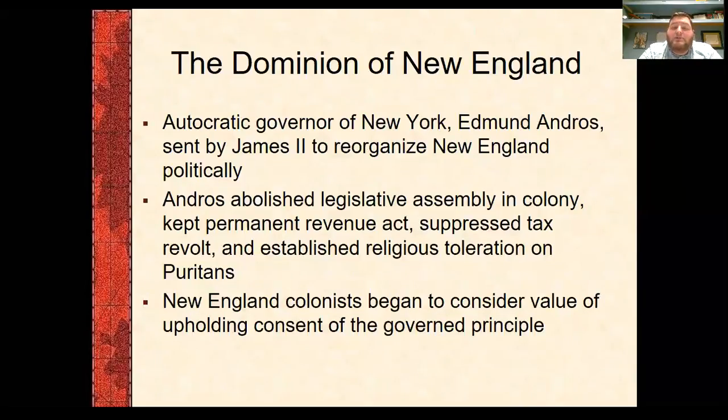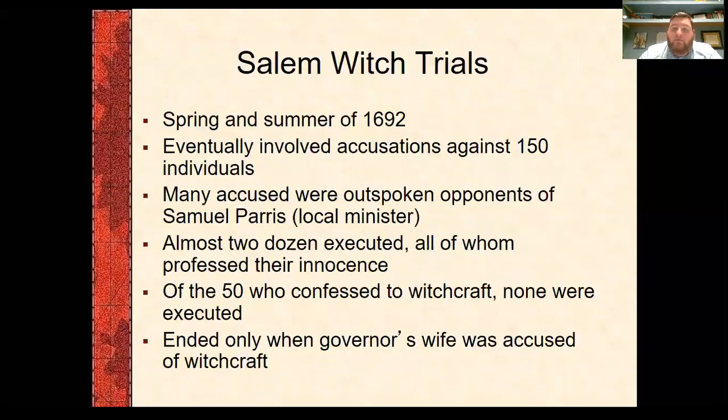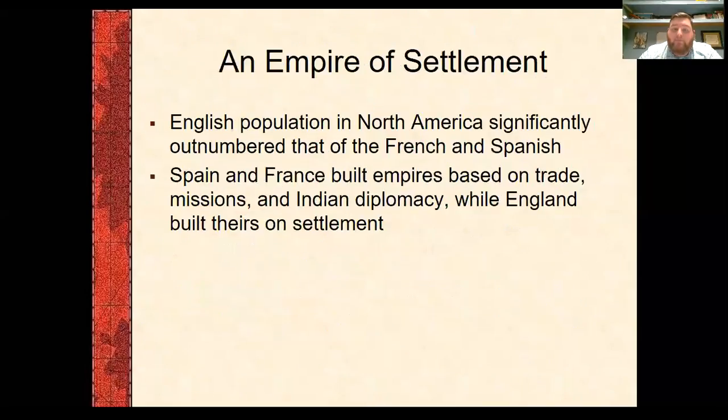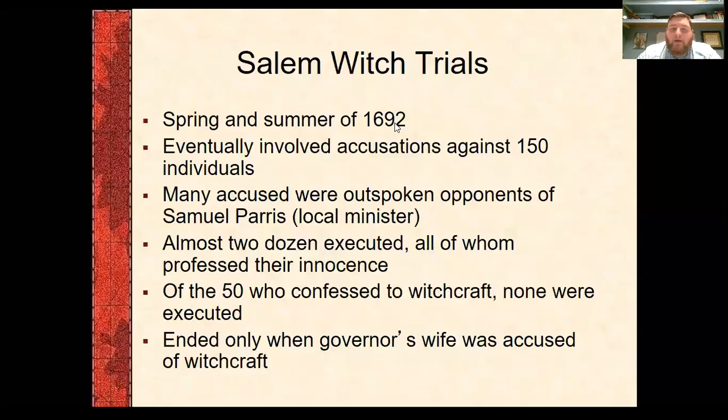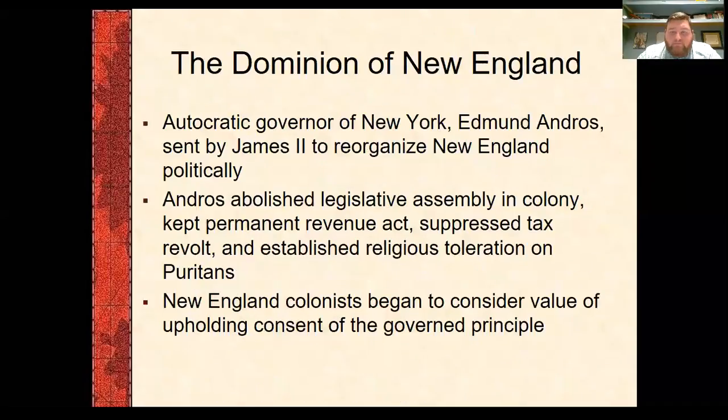And I'll show you a quick map here. I'm going to move a little bit fast here, but all the colonies north of Pennsylvania, so this entire area is going to be consolidated into one colony, okay, under Andros during this time.